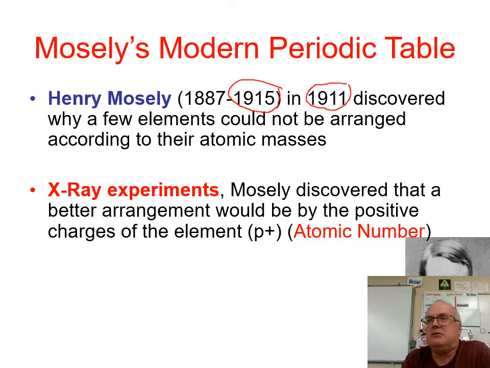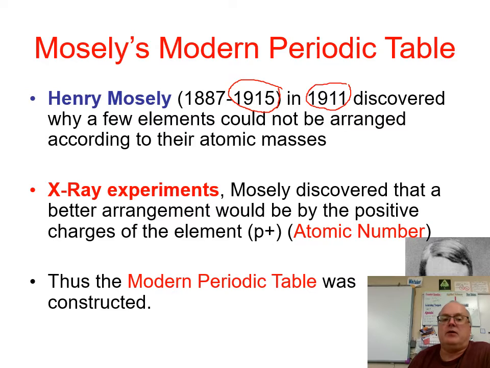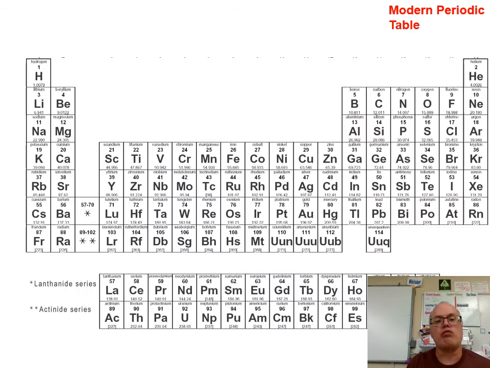What happened was he was a soldier in World War I, and he didn't survive the war. But from that, he is actually the one that's credited with the current periodic table that you now have as a handout that you should keep in your binder so that you can use later on.